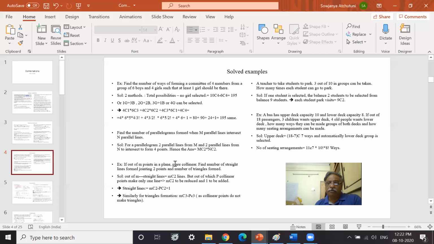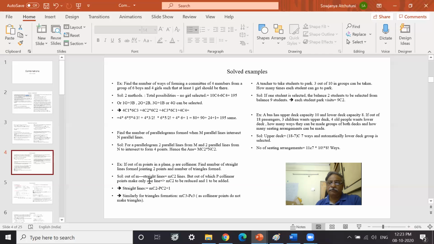So those PC2 options are deleted, but the P collinear points together make only one line. So I had to reduce MC2 by PC2 and add 1.